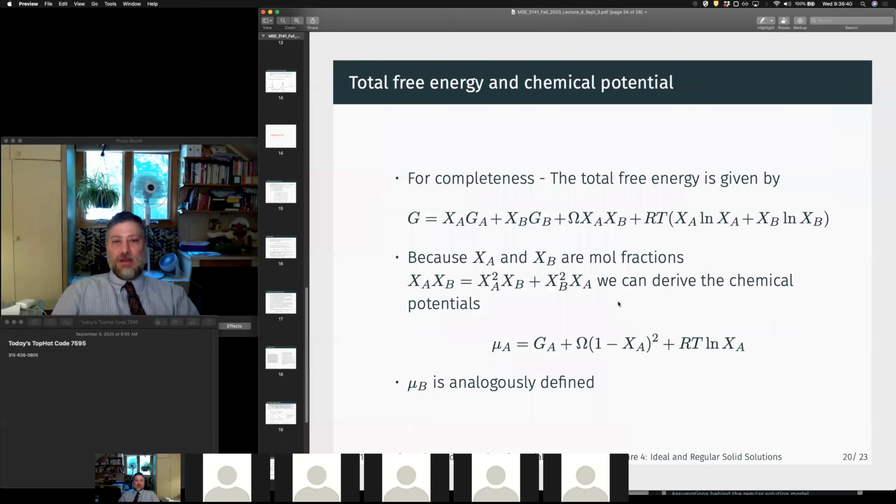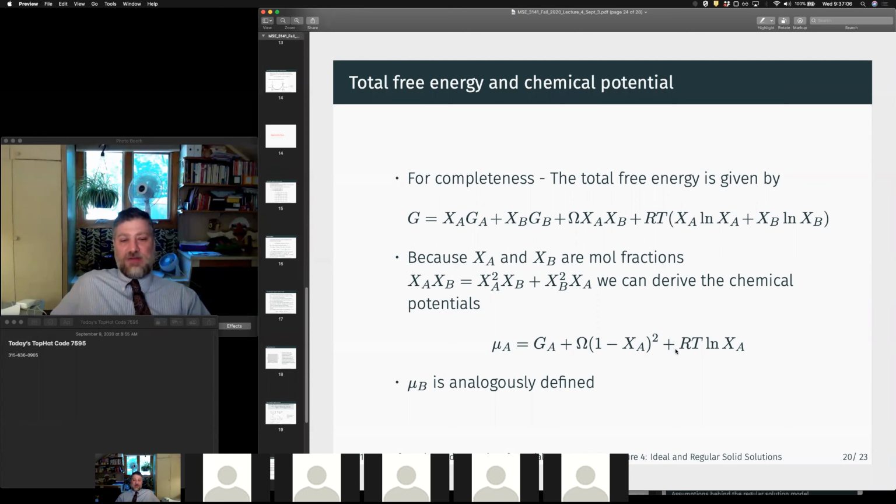Okay. So we can go through the same thing we did for the ideal solution theory and calculate the total free energy of our system, and then we can derive an expression for the chemical potential.